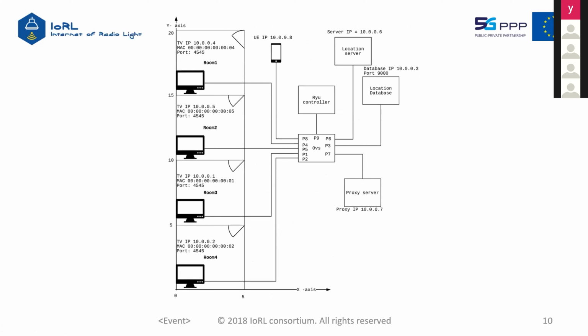As you can see, this is the deployed network topology in a hypothetical multiple room home scenario. The network consists of an OVS, a controller, and we have 8 hosts to emulate the different network entities. 4 of the 8 hosts are emulating our TV sets, as you can see on the left hand side.